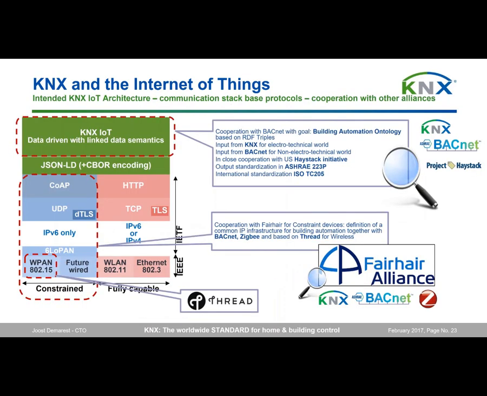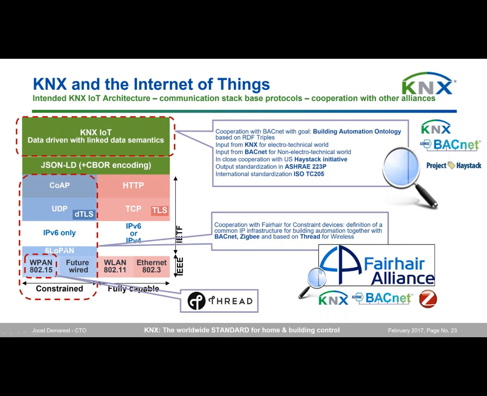So what is the intended KNX IoT architecture? Which communication stack-based protocols will we use, and with which other alliances are we cooperating? For constrained devices, as I explained, we will use for the wireless solution Thread.